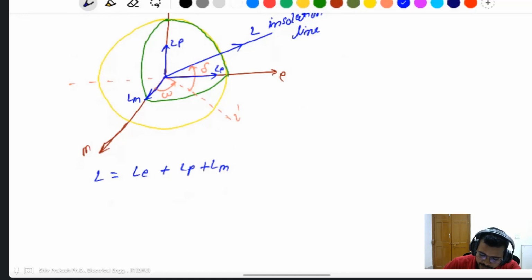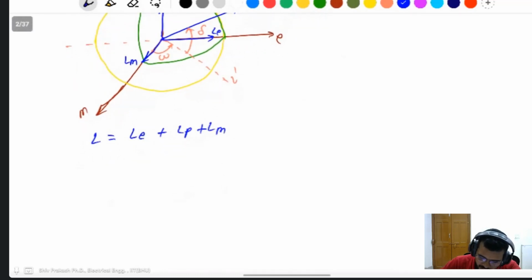E and M you know about, written as axes; three coordinate axes P, E, and M.